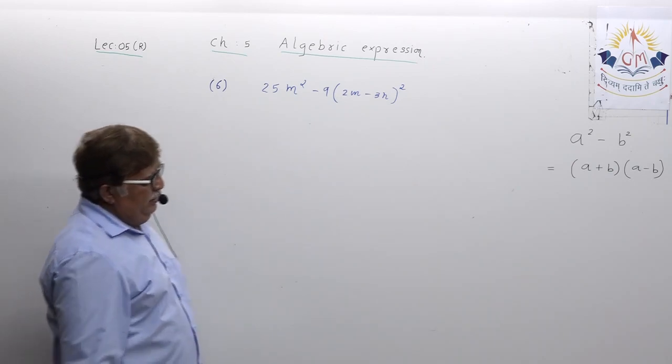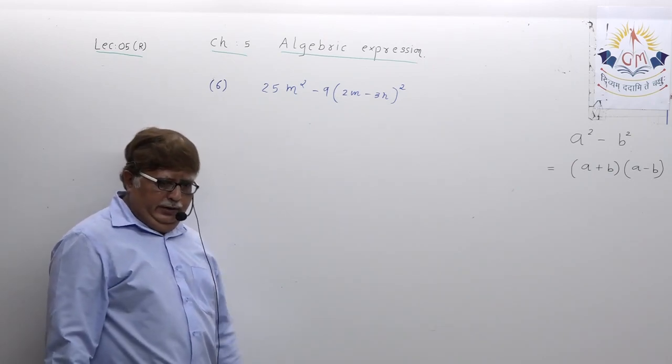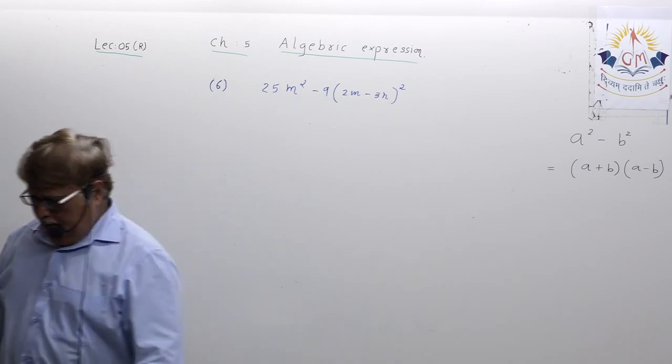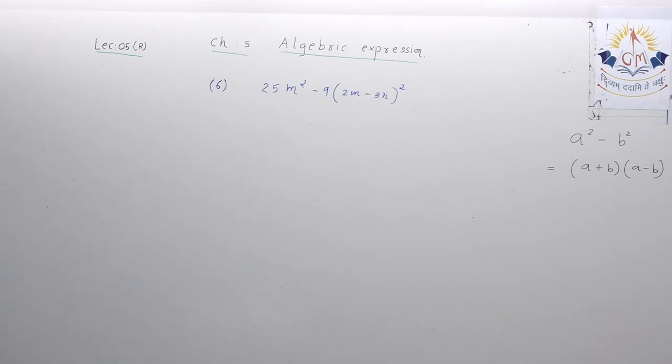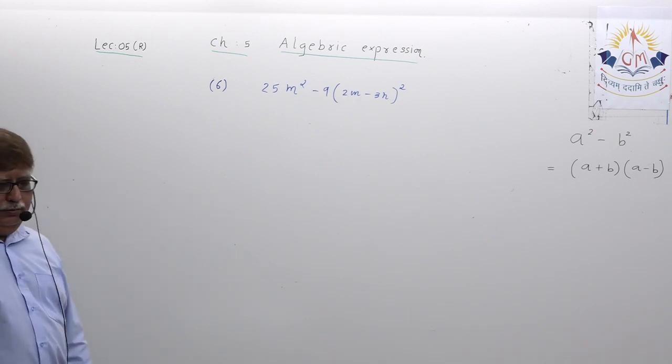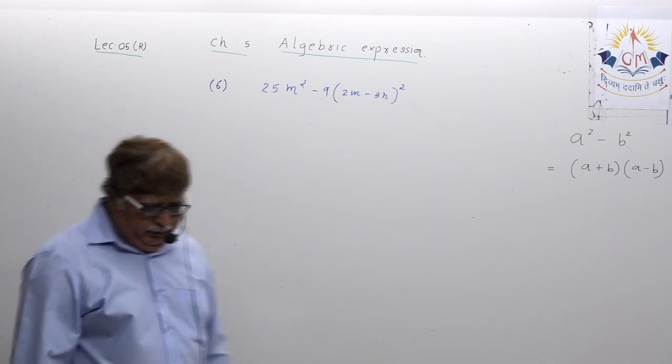Here I have intentionally taken a negative sign. Okay? So just 2 minutes time, dear student, to think, and then I will solve the same example here. Just have a look at the sum. Be a little smart to solve this.